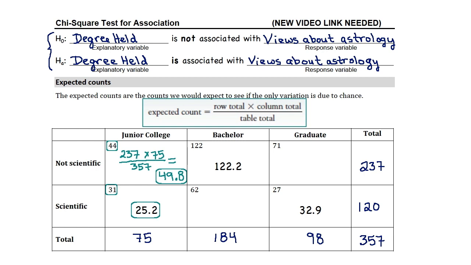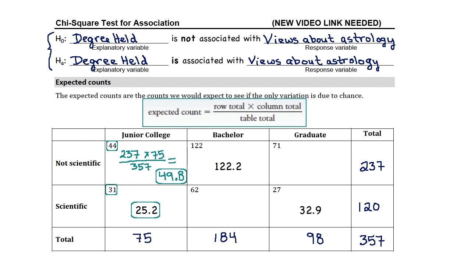That's how many junior college degree holders we would expect to see who think that astrology is not scientific, based on the fact that we had 237 people answering that astrology is not scientific, that we had 75 junior college degree holders, and that our table total is 357, assuming that there is no association between these two variables.